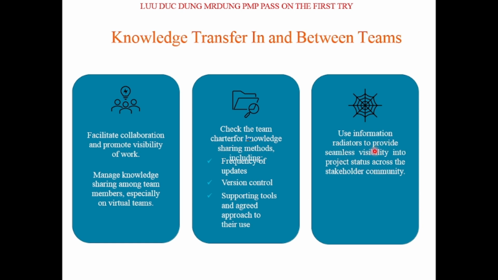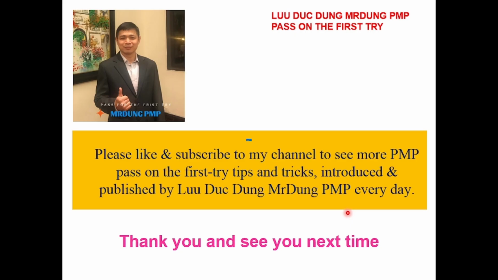Use information radiators to provide seamless visibility into project status across the stakeholder community. Here, this is the information provided, related to sharing the information in time between team members.